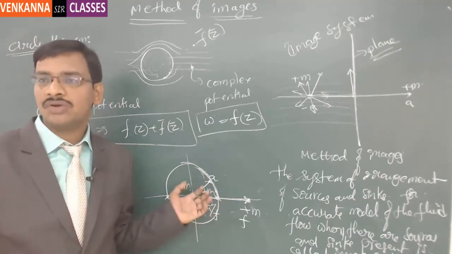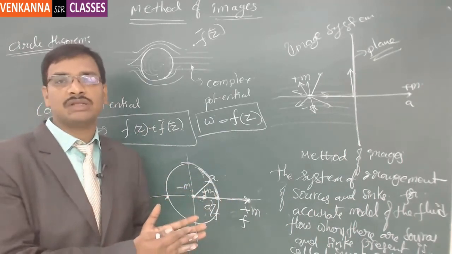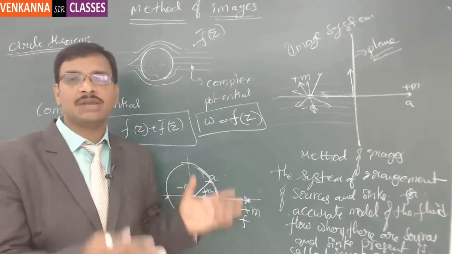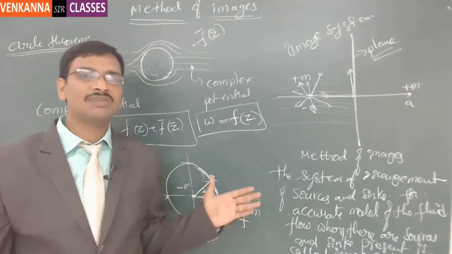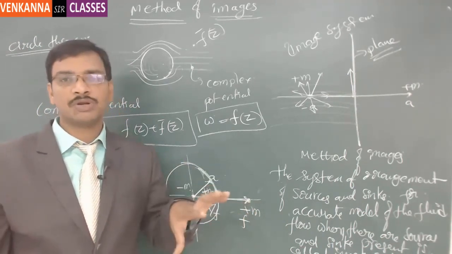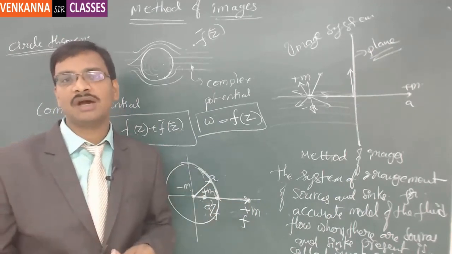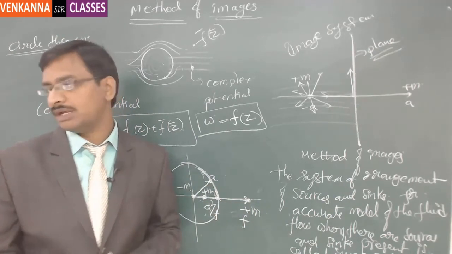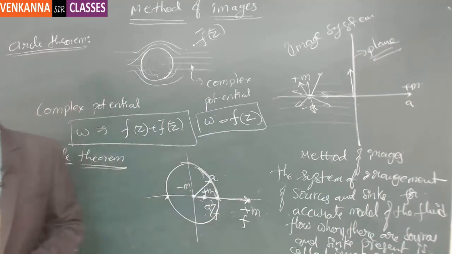Then you have to add all the complex potentials together and separate the real part and imaginary part. The real part will give the scalar potential and the imaginary part will give the fluid flow direction, or the streamlines. Got it? So for us it is simply complex analysis. Note it down.